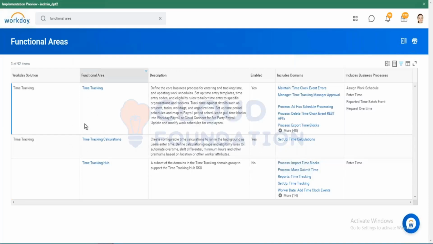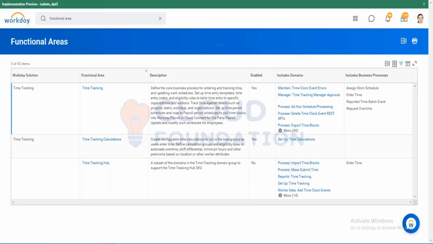So these two, time tracking and time tracking calculation, are needed if you need to use Workday's own system and work inside the system rather than getting files and implementing those things. Then these two functional areas need to be enabled. Talking about the third part, are you noting it down or not? Yes, I am. All right.